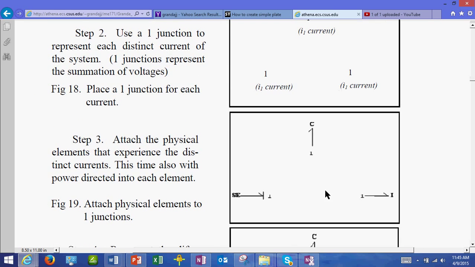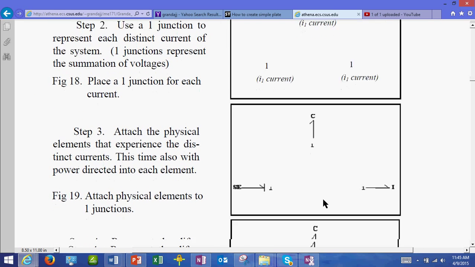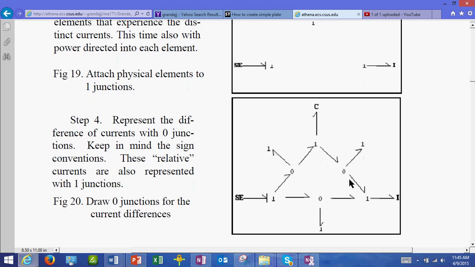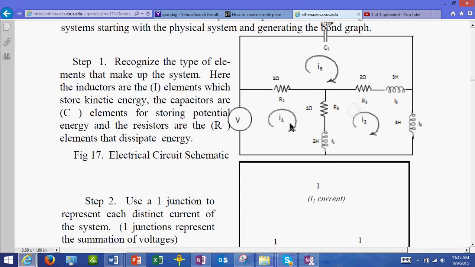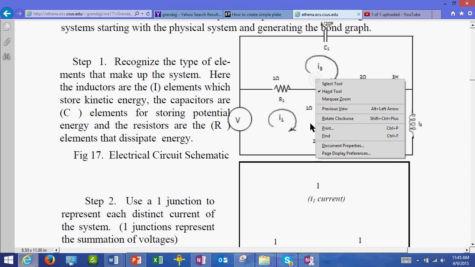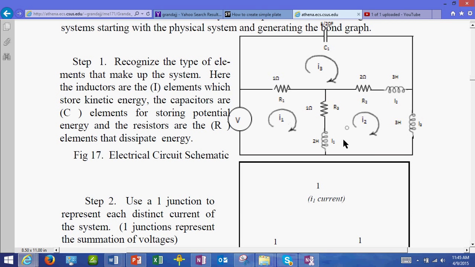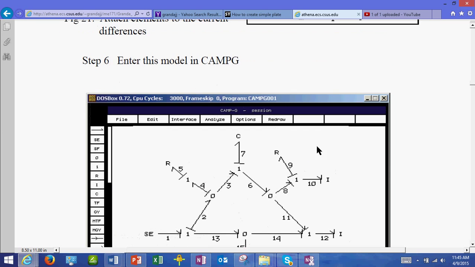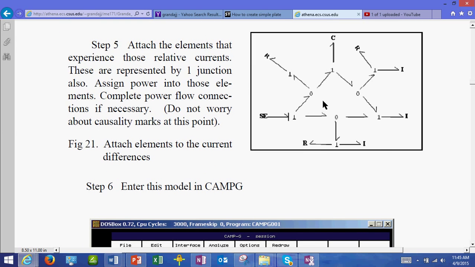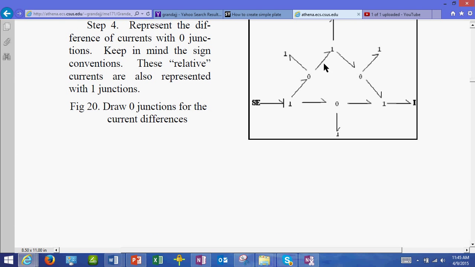And that's what this is. And now we use zero junctions to create the current differences, and that's what this is. See the current difference between these two, the current difference between these two, and the current difference between these two. And that's what you're seeing here, right there. Oh, sorry, one more step, right here.